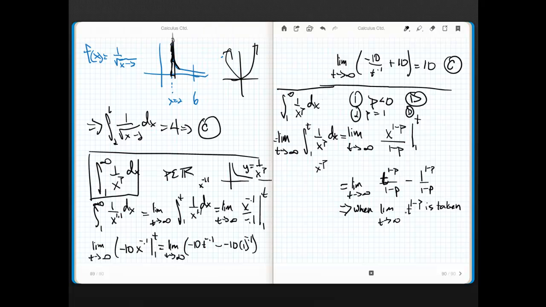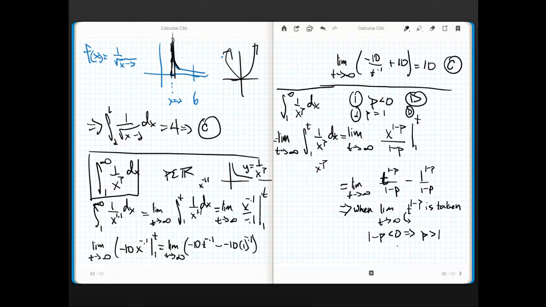I need to send this guy into the denominator of a fraction so that as t goes to infinity, it blows up, right? Well, how do we do that? That happens when 1 minus p is negative, right? So when 1 minus p is less than 0, which implies that p has to be greater than 1.